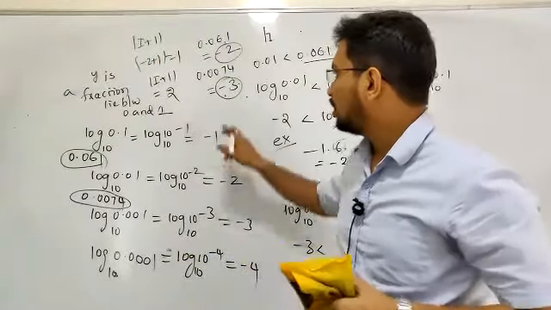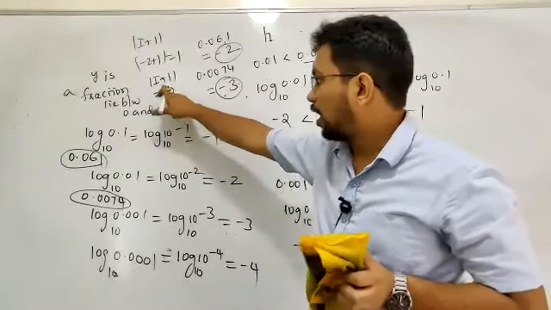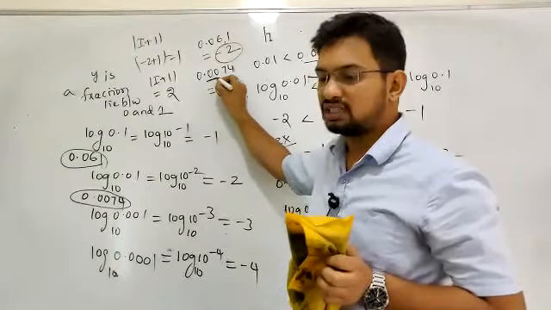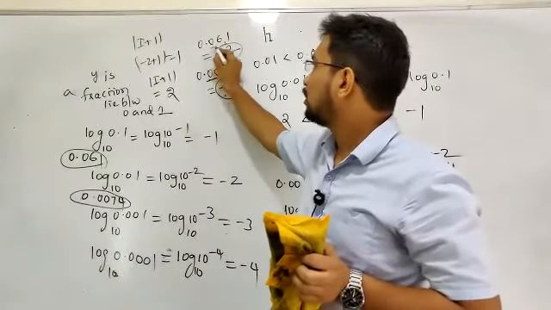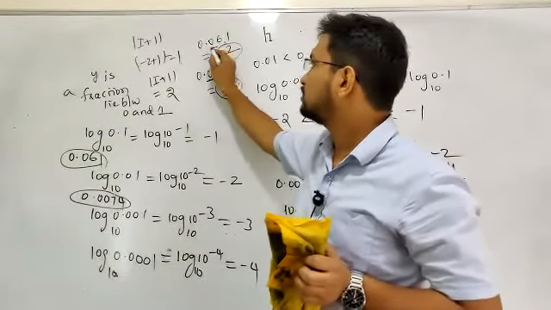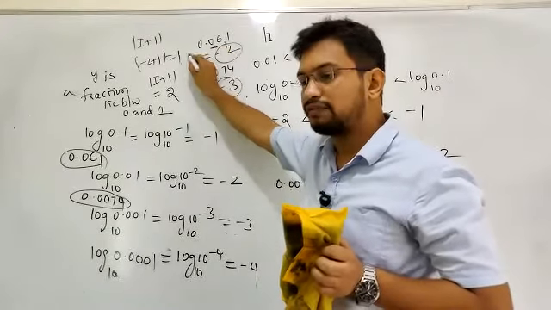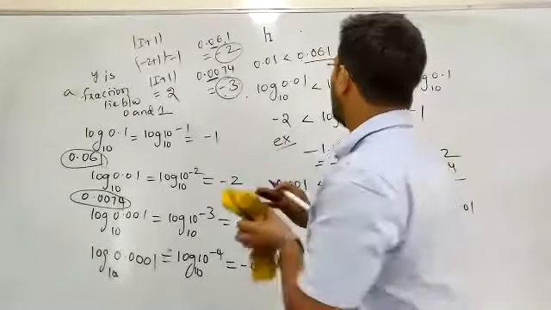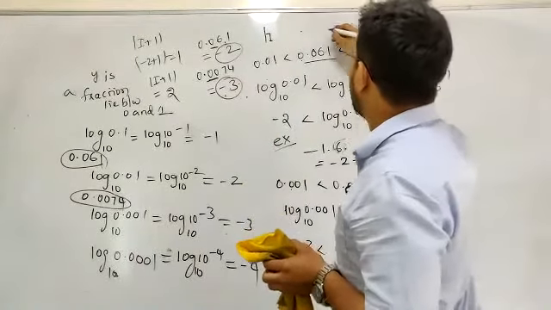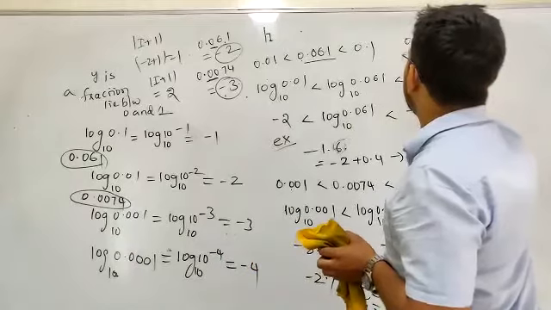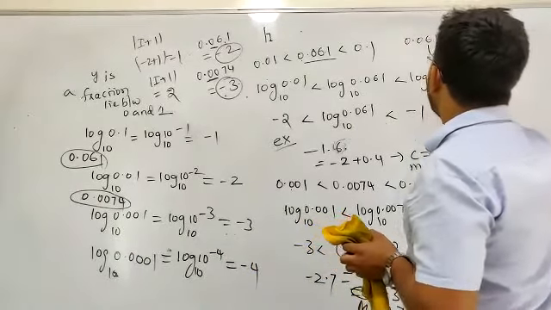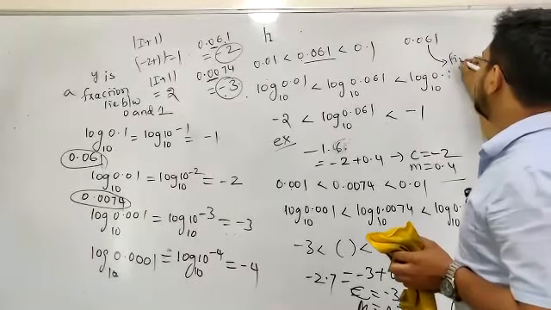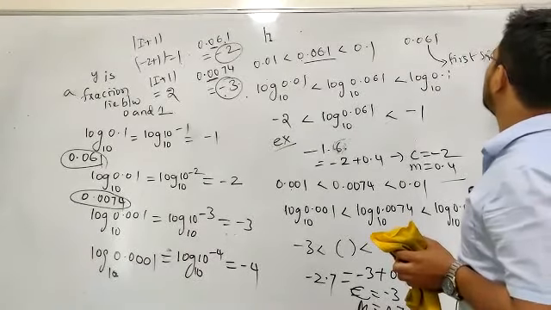So you observe the similarity: where you got 2, there are 2 zeros after the decimal point, and where you got 1, there is 1 zero after the decimal point. If I take something like 0.061, this is called the first significant digit.